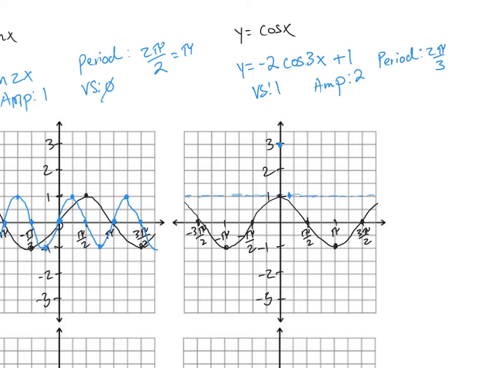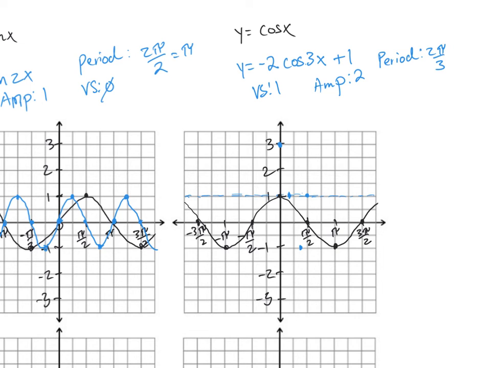And then instead of 180 degrees or pi, divide that by 3, that's 60 degrees. 60 degrees is not quite 90, more than 45, so I'll just mark that over here. And the amplitude is going to be negative 2, so I want it way down here. The next one is 3 pi over 2. Well, 3 pi over 2 divided by 3 is pi over 2, so that is easy.